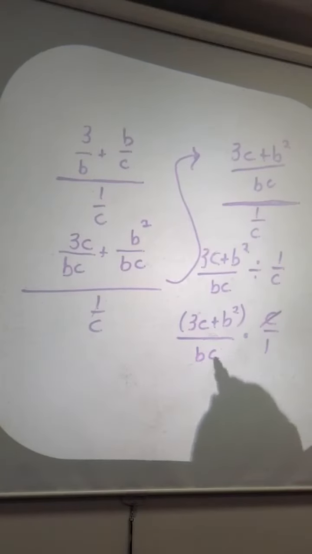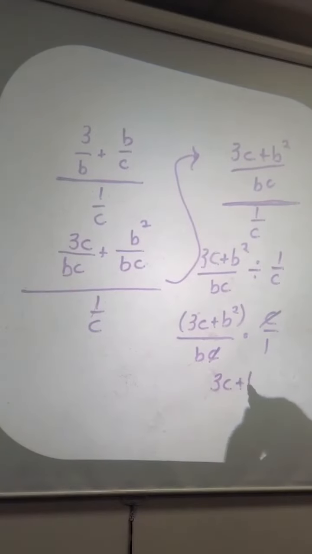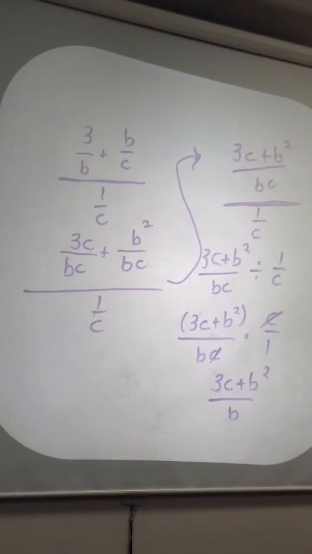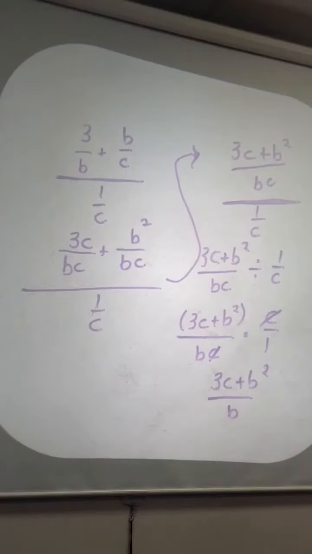So we can cancel these out, and we will end up with an outcome of 3C plus B squared over B. You see it? Don't put parentheses on the 3C plus B squared. Yes, you certainly can, because it's terms, and so we don't want to start crossing them off, right?